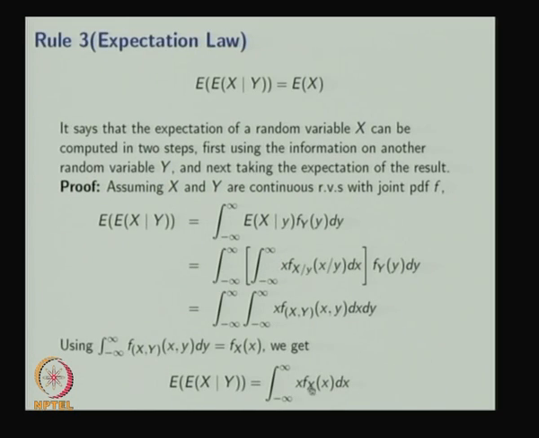So the right hand side is going to be the expectation of x. So you can find the expectation of x by computing the conditional expectation with some other random variable, then finding the expectation. So this rule has a lot of importance.